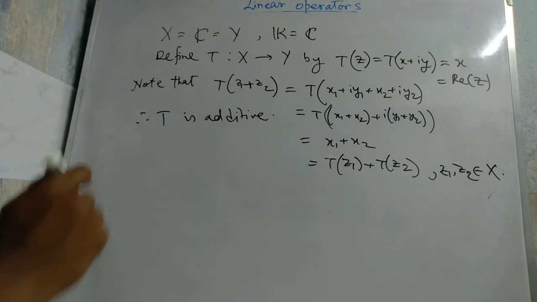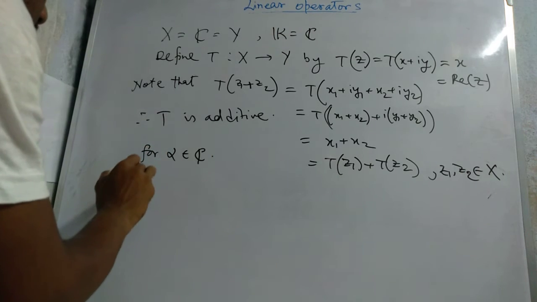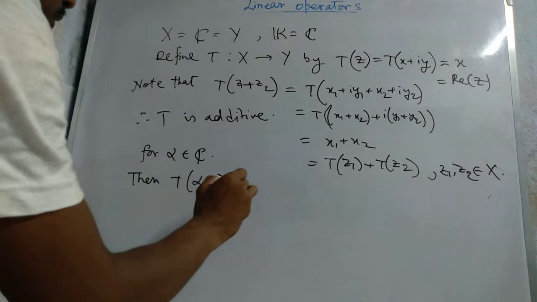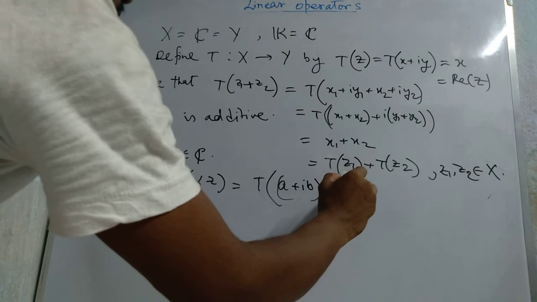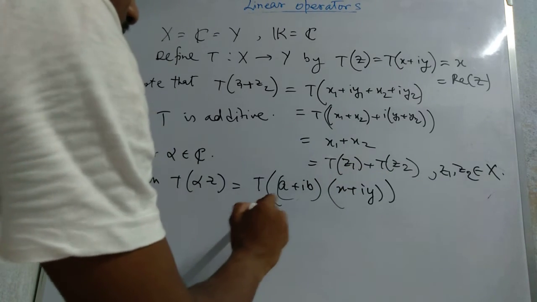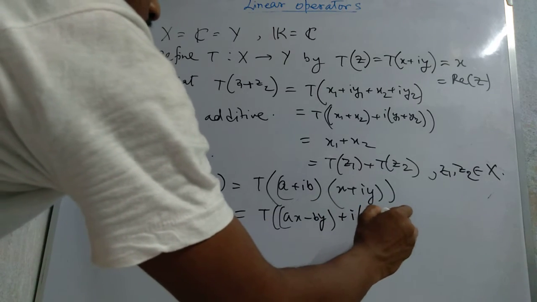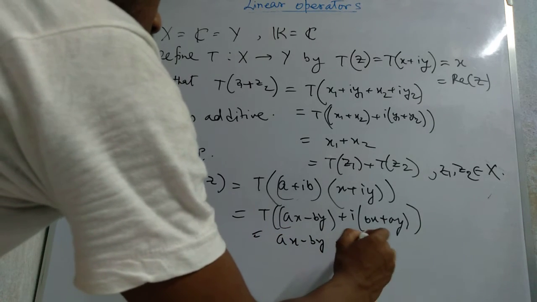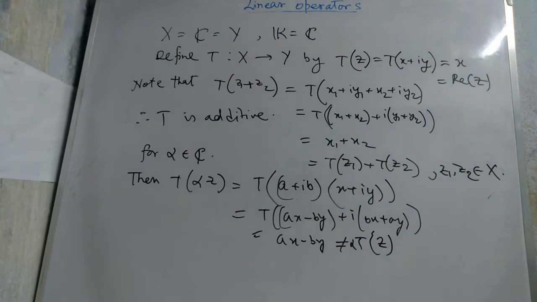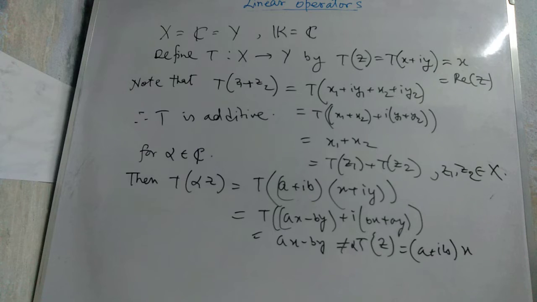But next, for alpha belongs to C, T of alpha z equal to T of (a plus ib) multiplied by (x plus iy). Then this equals T of (ax minus by) plus i(bx plus ay). This equals ax minus by, which is not equal to alpha T z, because alpha T z equals (a plus ib) times x.